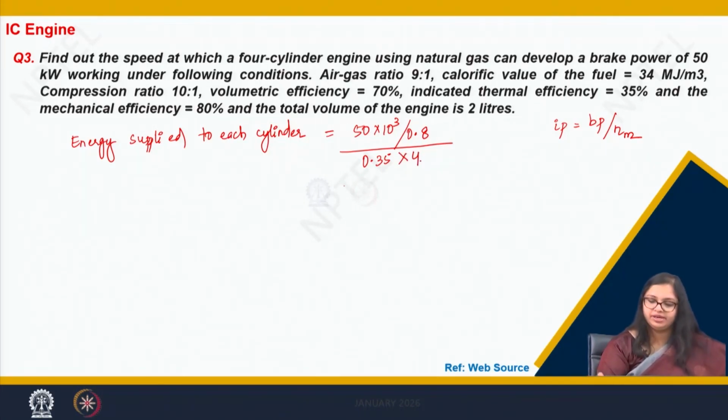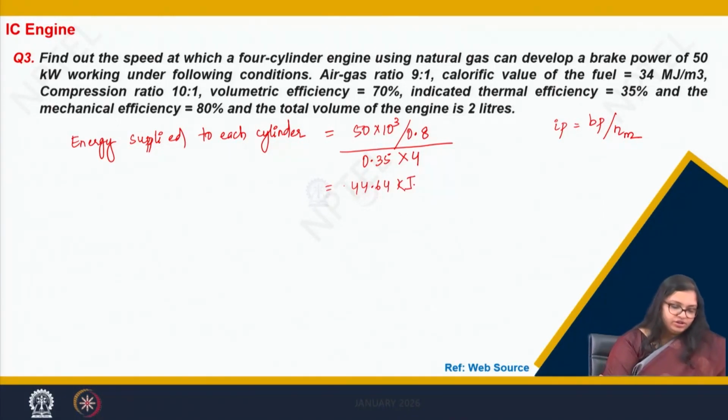So we divide this whole value by 4, and we will be getting energy supplied to each cylinder, or energy supplied per cylinder, which is equal to 44.64 kilojoule.